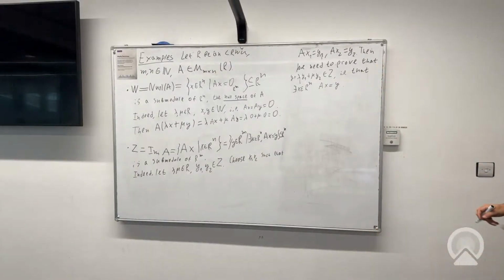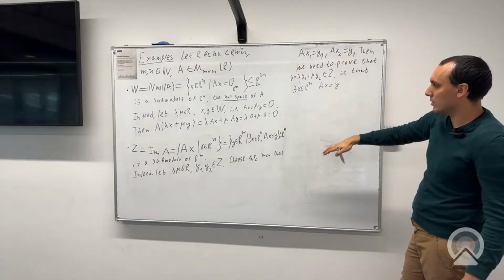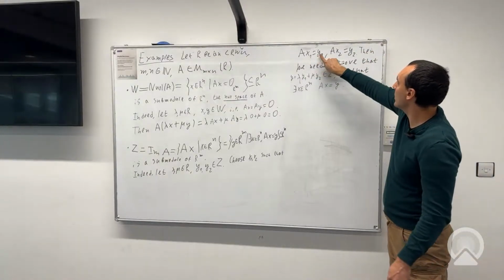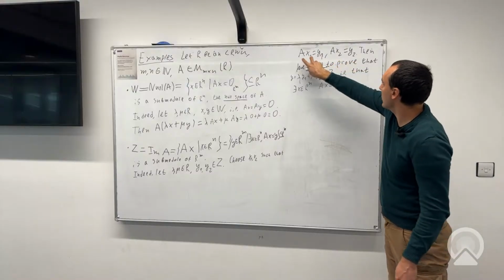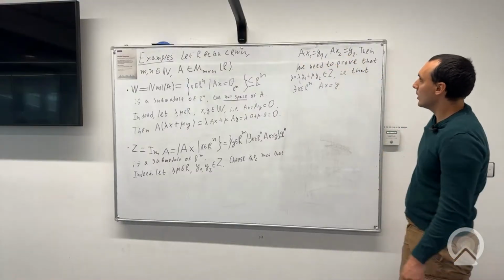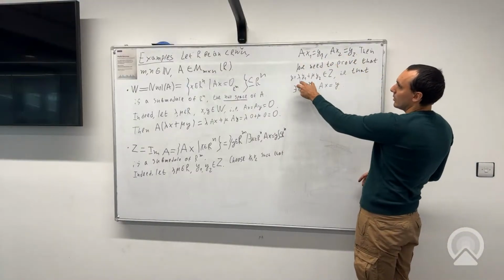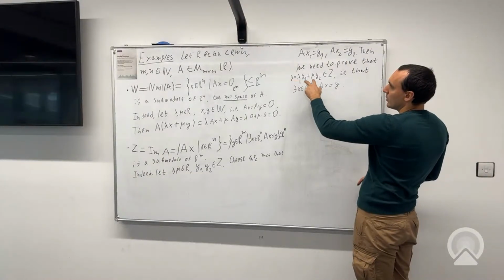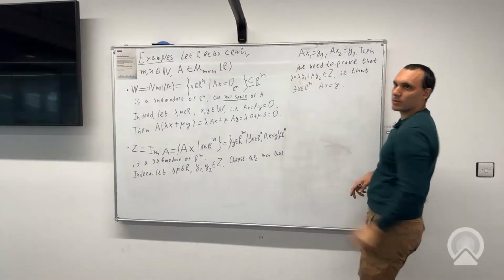Can you tell me a vector x that satisfies this property? So I expanded the definition. First of all, y1 is Ax1, y2 is Ax2, and I'm looking for some vector that, when A is applied to it, gives y. What should it be?